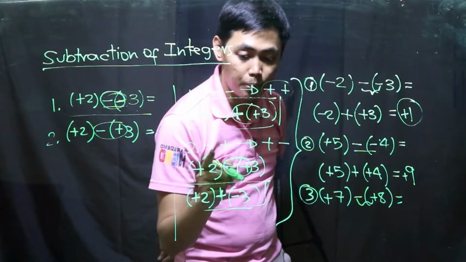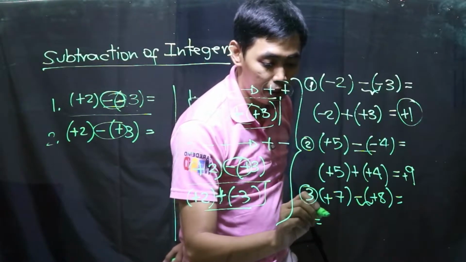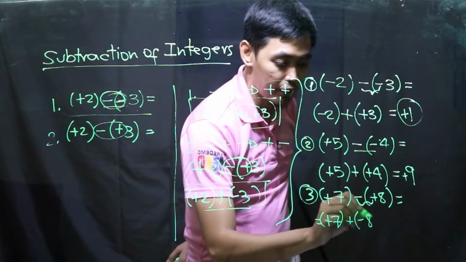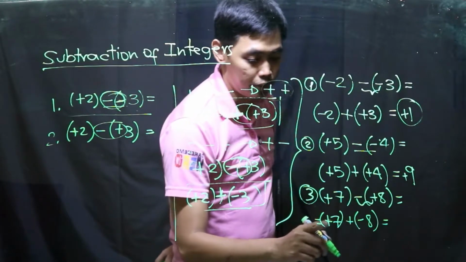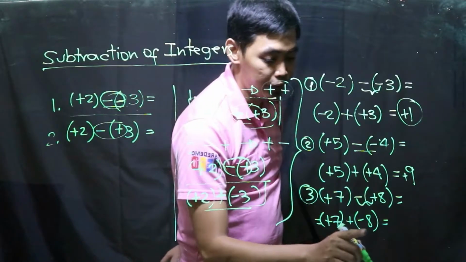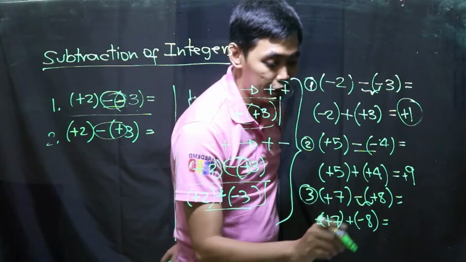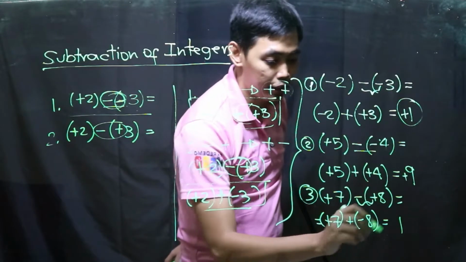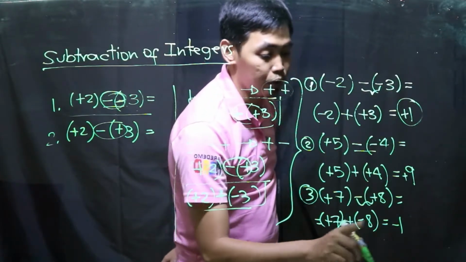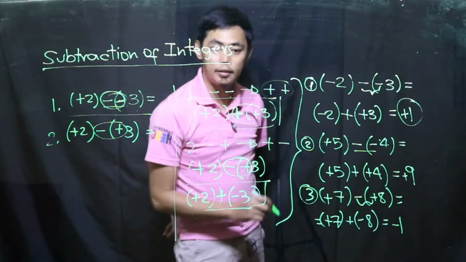And then, this is minus plus, change it to plus minus. So this would become positive 7 plus negative 8. So what would be the answer? So, different signs. That means we will need to subtract 8 minus 7, that is 1. And then, the bigger number is 8. So we will need to use the sign of 8, which is negative. So our answer is negative 1.